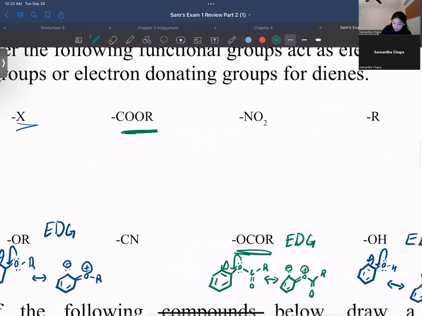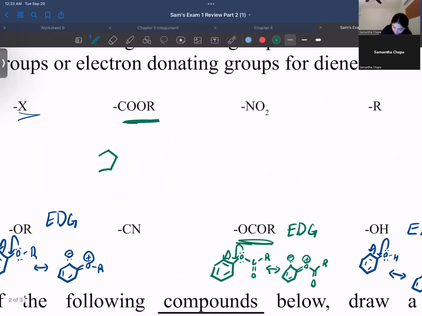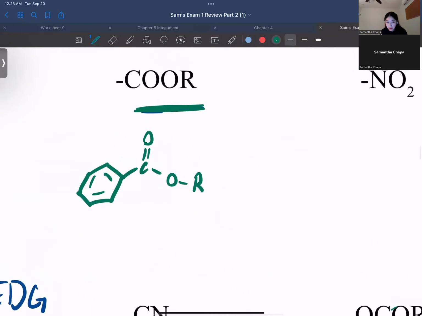Okay, now we try this one over here. Draw my benzene ring derivative. This time the carbon right on the benzene ring is a carbonyl. And we still have an ester, but it's flipped around. And so there doesn't look like there would be much of a difference, but there is. Notice how there isn't an available lone pair on the atom right next to the benzene ring. So this time, instead of resonating in, we're resonating out.